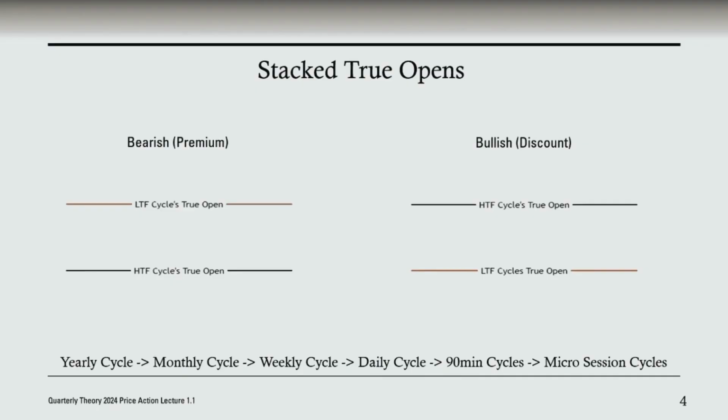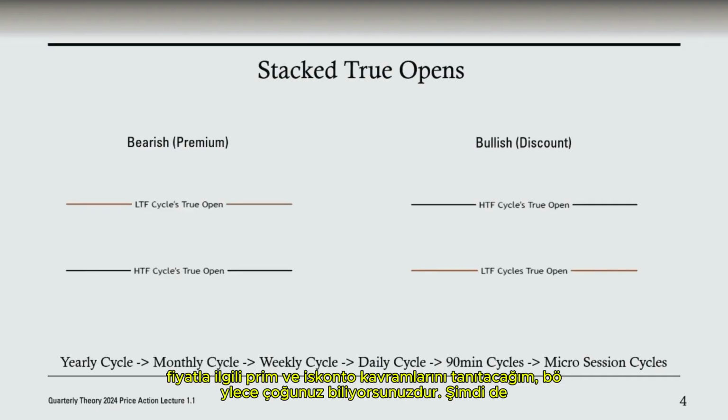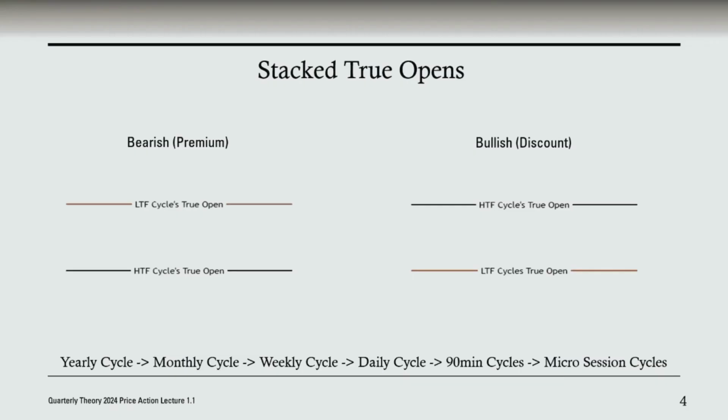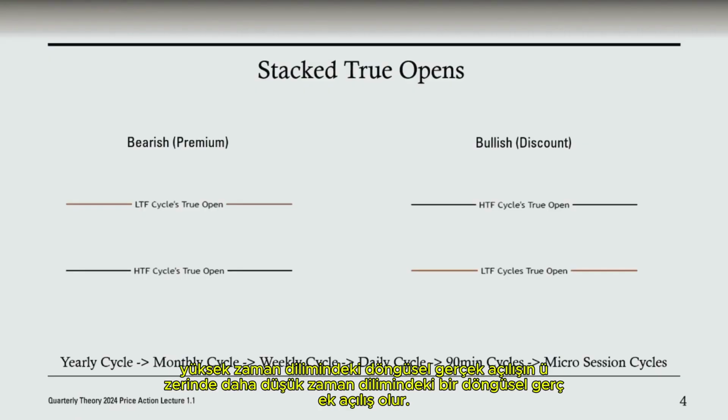So most of you guys know what is premium and discount in regards to price. Now I'm going to share what is premium and discount in regards to time. So in bearish markets, you will have stacked true opens, which is a lower time frame cycle's true open above a higher time frame cycle's true open.